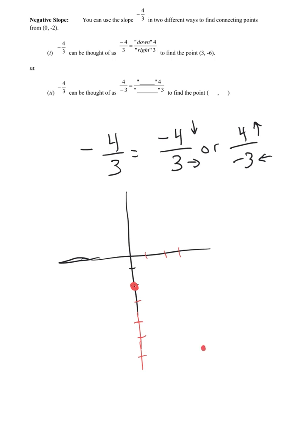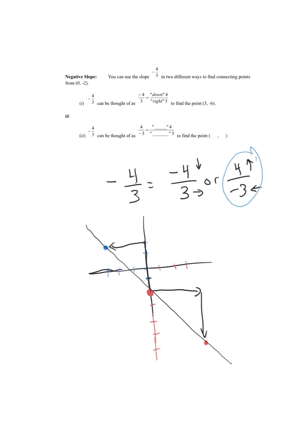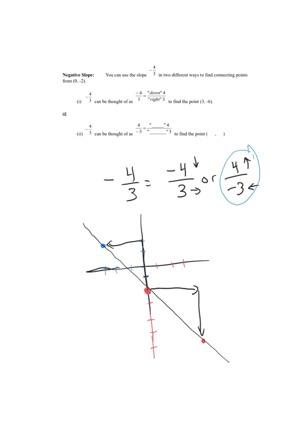Or if I had done the other one, if I went up 4, left 3, so up 1, 2, 3, 4, and then left 3, talking about there. But notice those 3 points actually still all line up. So going right and down or up and left, you're getting different points, but they are on the same line. So that's a caution there for the negative slopes.